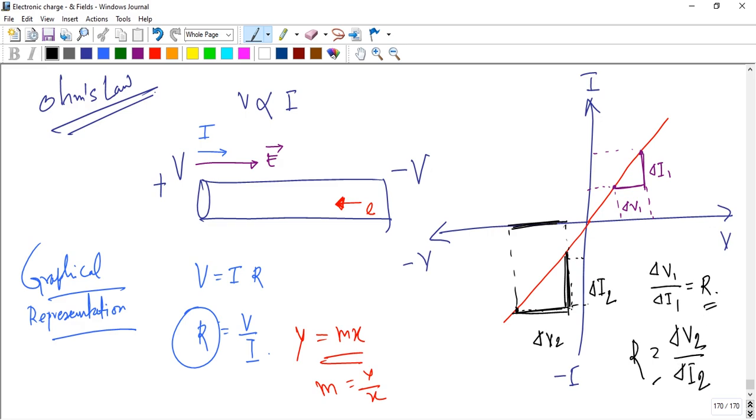These two are the same, because of the linearity property. Ohm's law satisfies the linear property.